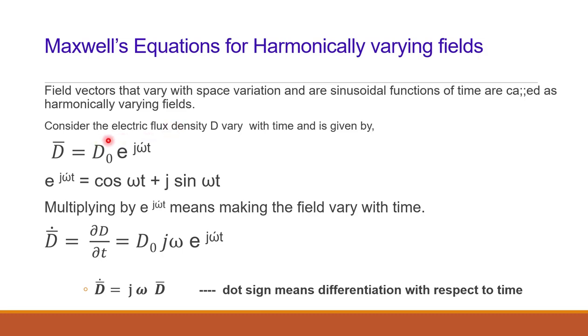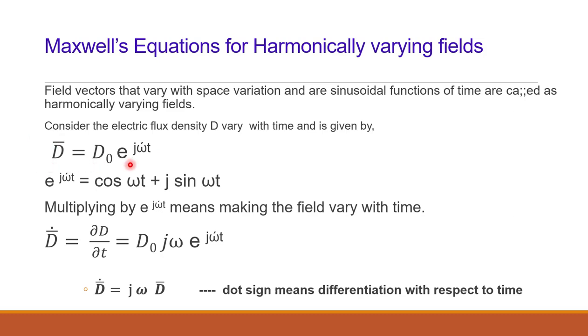Consider, for example, the flux density D bar, which is varying with respect to time. Any field that varies with time, like a simple sine wave, is varying with time, and if it is moving in a particular direction, then it is also varying with space. So we can represent a sinusoidal variation by a simple equation.